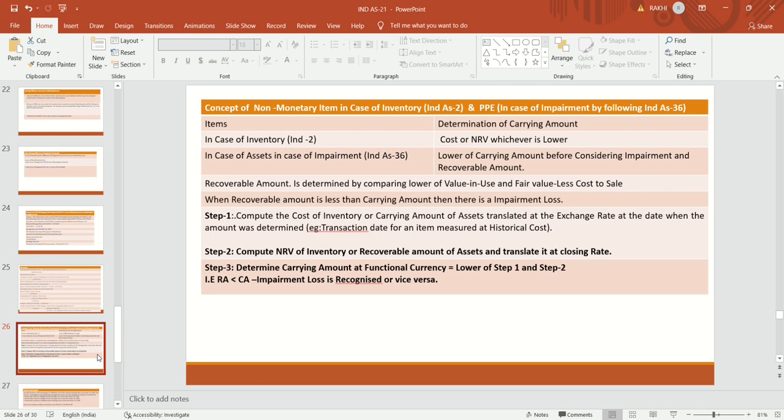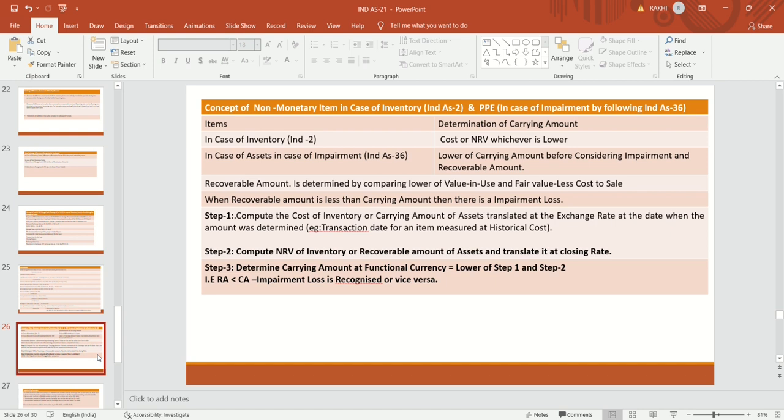So in case of inventory, what will we check? How will we determine the carrying amount? Cost or NRV, whichever is lower. In case of impairment of an asset following Ind AS 36, we will determine the carrying amount before considering impairment and also the recoverable amount, and we will take the lower of the carrying amount or recoverable amount.